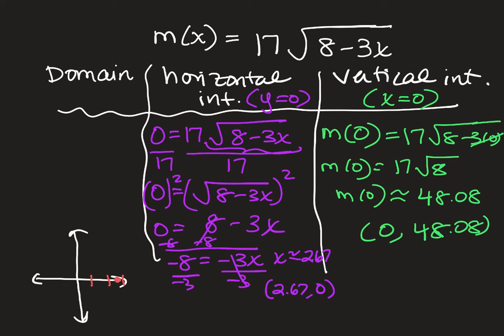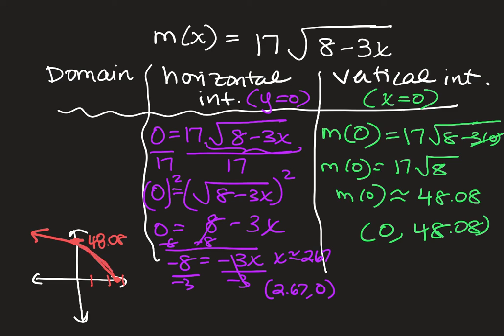So there's my horizontal intercept in red. Let's say this is up here at 0, 48.08. So I have a point there and there. I know the only way this could be was if this were connected like this. So my graph would be a half of a sideways parabola. That's not the prettiest half of a sideways parabola, but that would be the shape of it, maybe a little bit more curved.